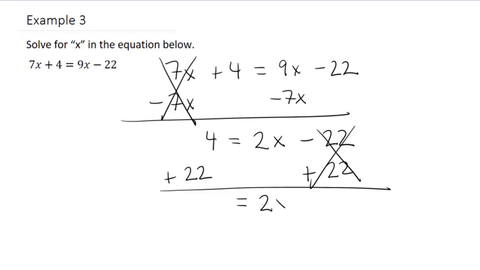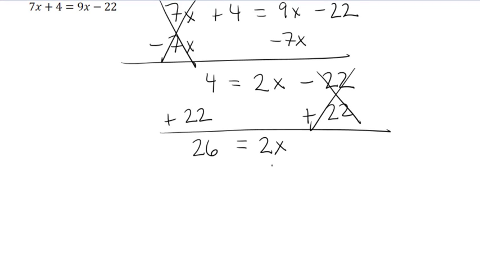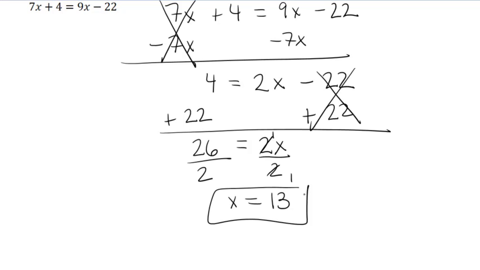Now 4 plus 22 is 26. So then we're going to divide by 2. This just becomes 1. And then we have x is equal to now 26 divided by 2 is equal to 13. And that would be our final solution. So let's do one final example.